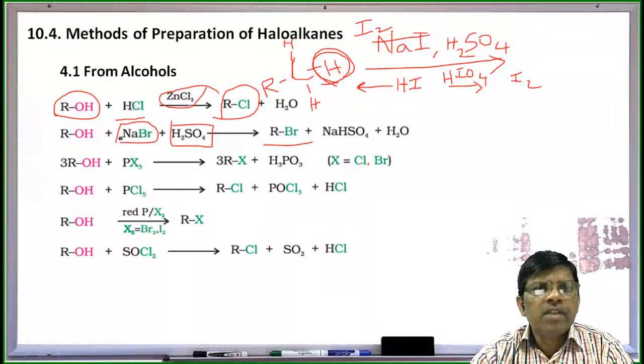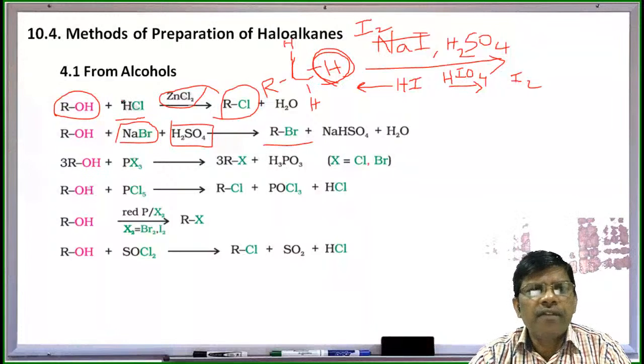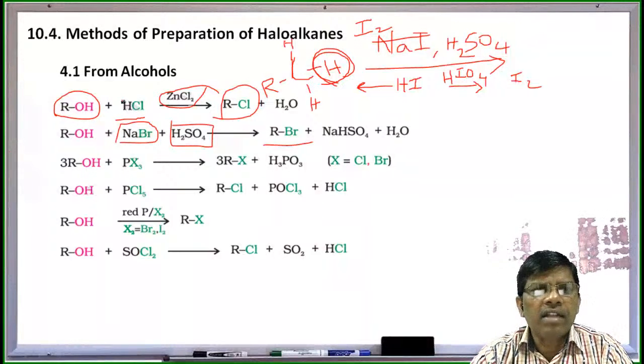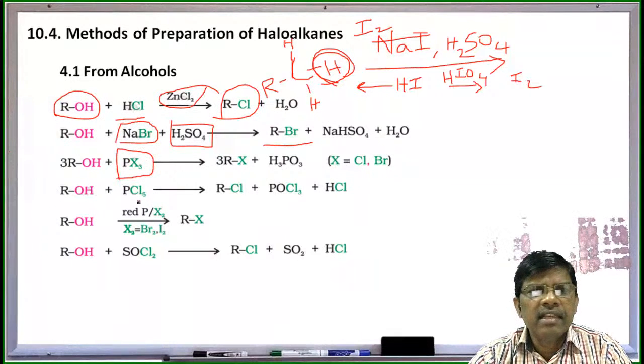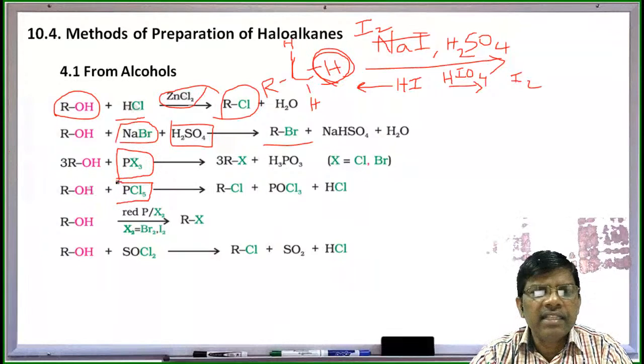Anyhow, the common methods for the preparation of haloalkanes are from alcohols. You can treat them with HCl, sodium bromide, phosphorus trichloride, PBr3, and PCl5, and also red phosphorus and halogen.